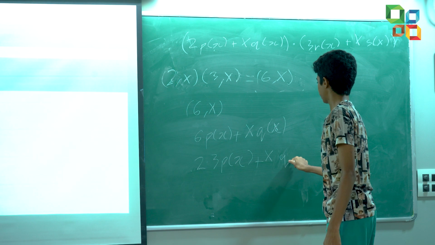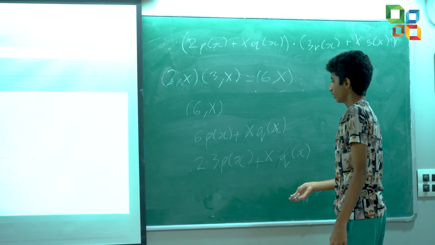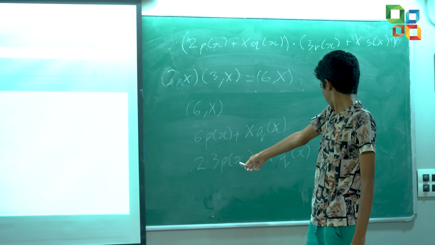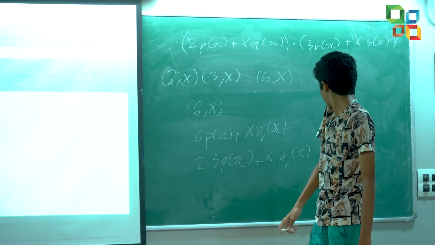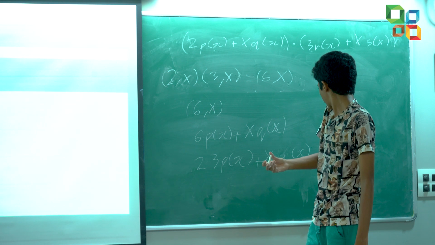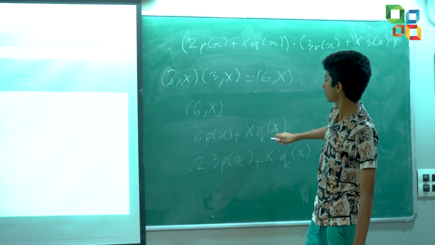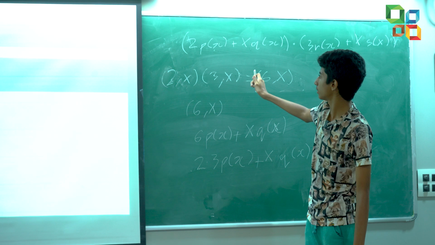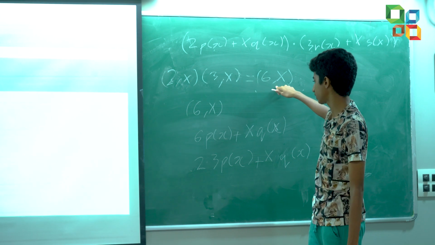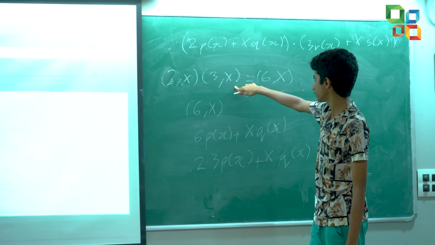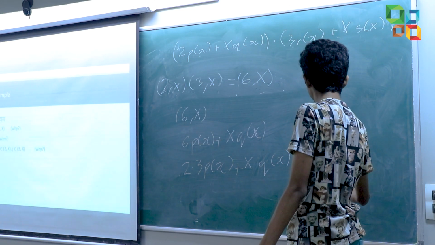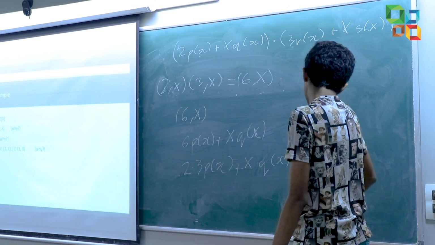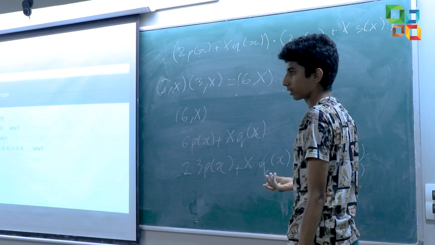Now somehow we have to argue that this belongs to this product. So anything that belongs to 6 comma x also belongs to this product. This belongs to 2 comma x and it also belongs to 3 comma x. Therefore it belongs to their product.